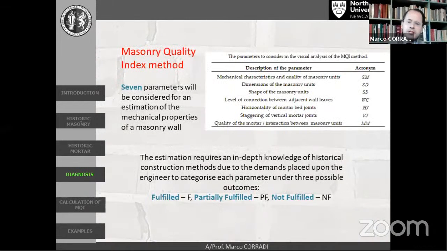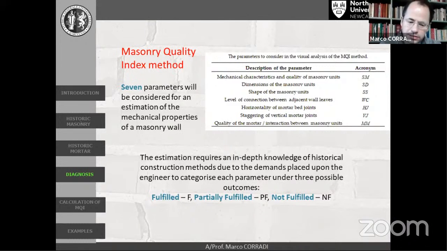So the masonry quality index, that is a method to give a structural assessment of the masonry under analysis, considers 7 different parameters. These parameters are the mechanical characteristics of the units. So is it stone or bricks? And we will discuss this in a few minutes.